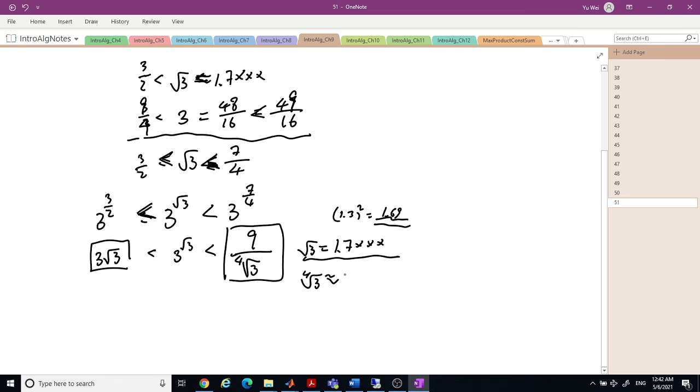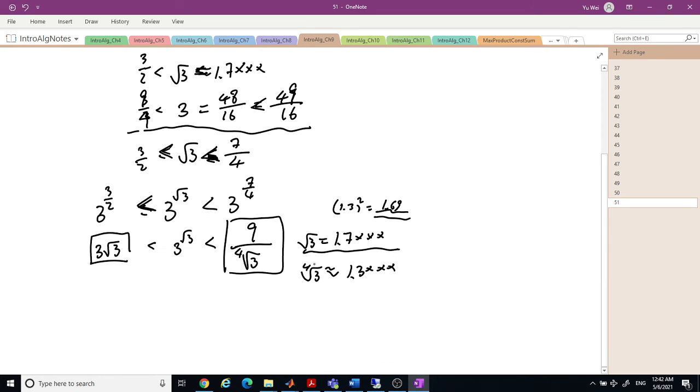So it's 1.3 something something. Now we see this one. We see the 3 square root of 3 is greater than 1.7 something, which is somewhere equal to 5.1 something.